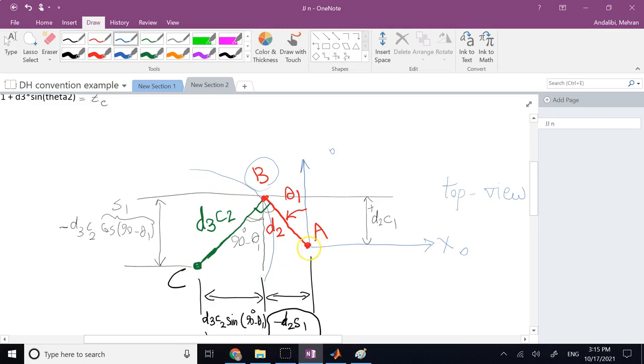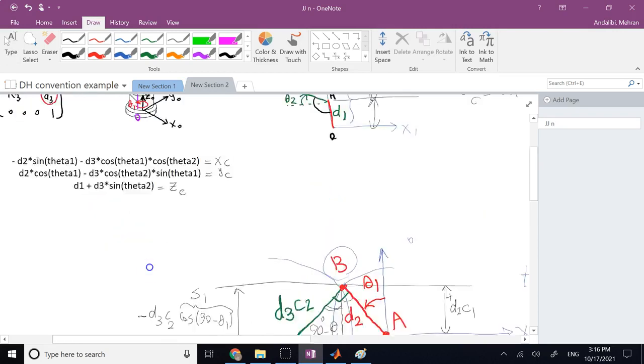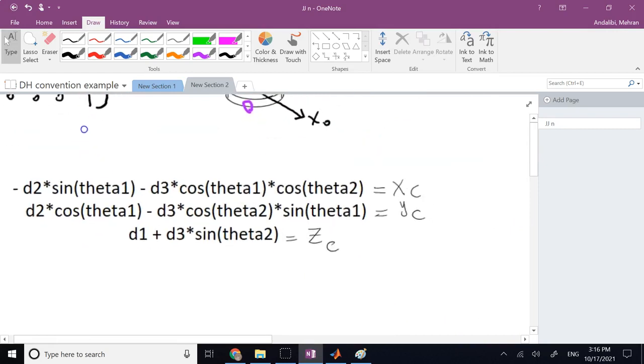Then since I know point A, I can draw a circle with a radius of d2, that gives me another arc, and these two can intersect at two locations in general for theta 1, right?